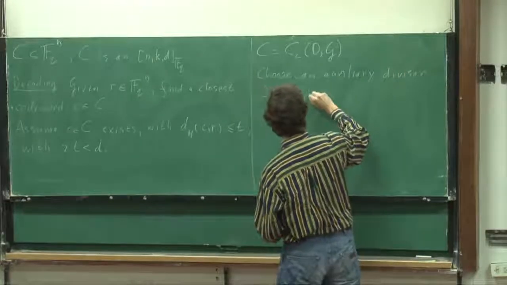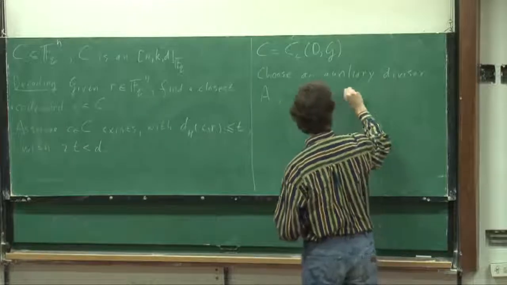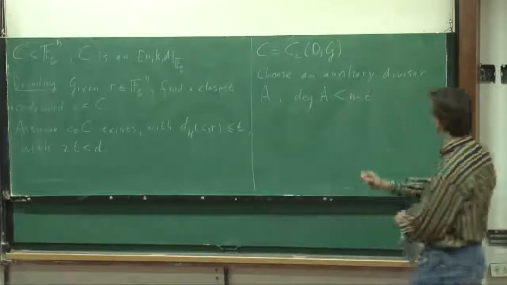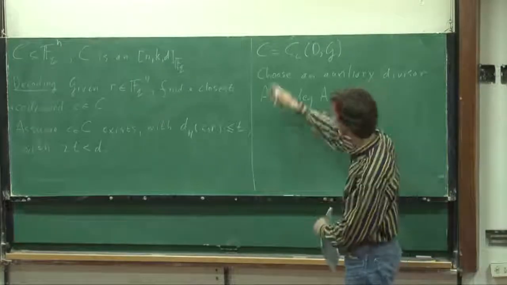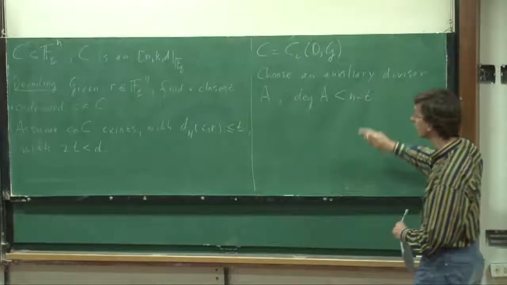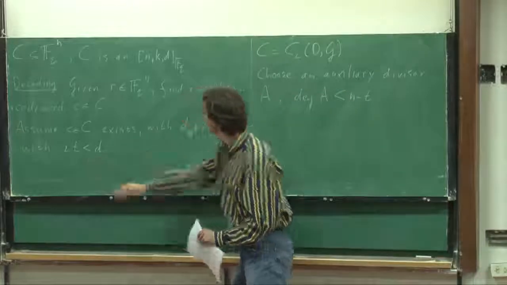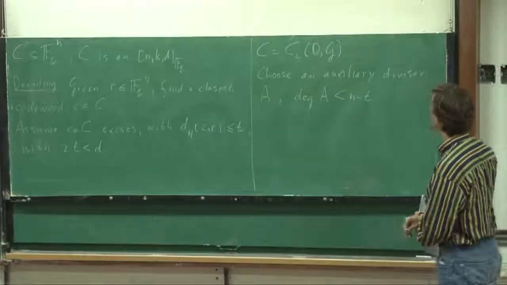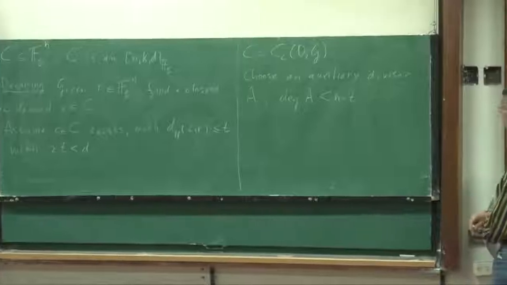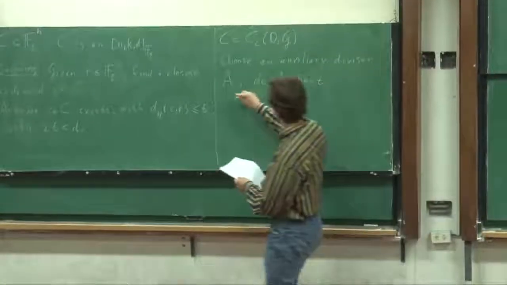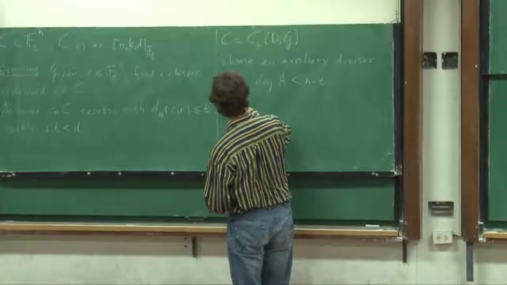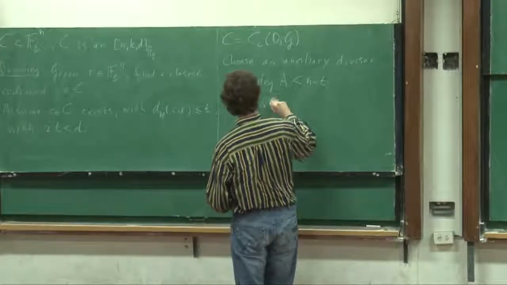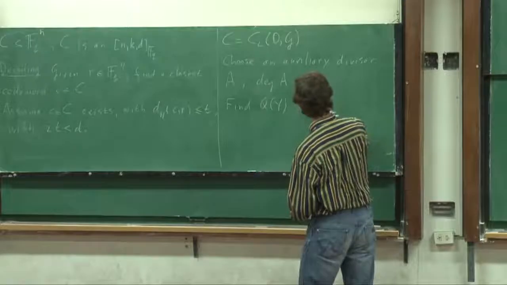We should choose an auxiliary divisor A, and the degree should satisfy that it is strictly less than n, the length of the code, minus t, where t satisfies this inequality. Okay, so we are trying to find then an interpolation polynomial Q(y). So that's the goal, find Q(y) such that, well, there were a few properties.